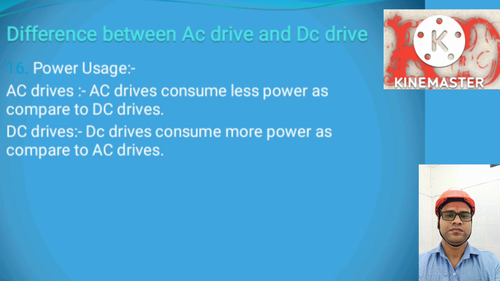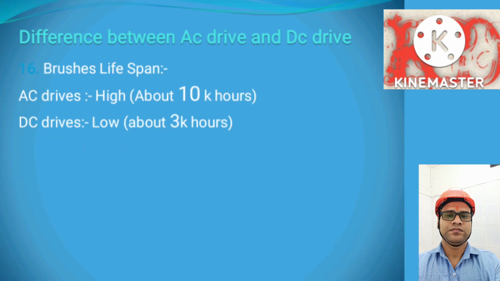AC drives consume less power as compared to DC drives, whereas DC drives consume more power as compared to AC drives. Twentieth, brush lifespan. It is high in AC drives, about 10,000 hours, whereas in DC drives it is low, about 3,000 hours.